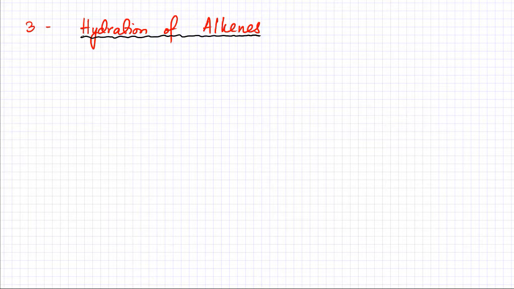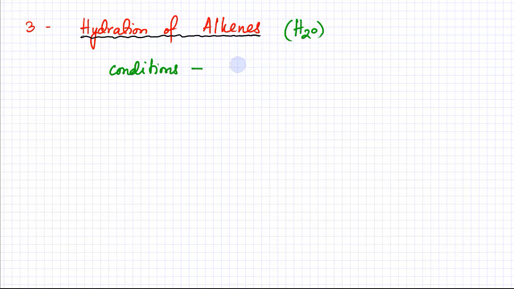The third type of addition reaction is called a hydration reaction. It's a reaction of alkenes with H2O. The conditions for this reaction are that it's carried out at 300 degrees Celsius and at a pressure of 60 to 70 atmospheres.